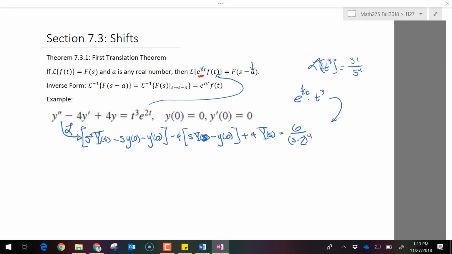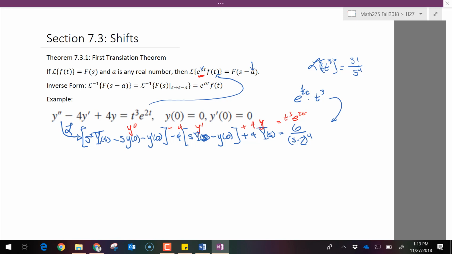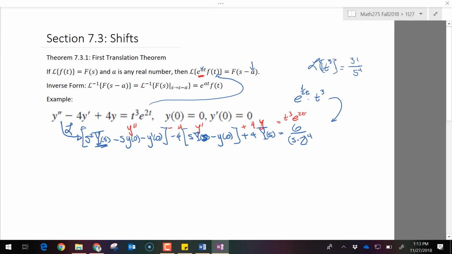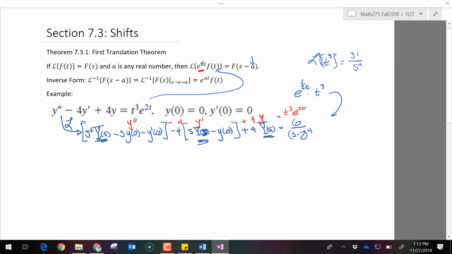All right. So let's identify, just in case we're not sure about what happened. This is our transformation from the real world to the Laplace world. And so now we're in the Laplace world, and we're going to do some algebra. We want to solve for capital Y of s.